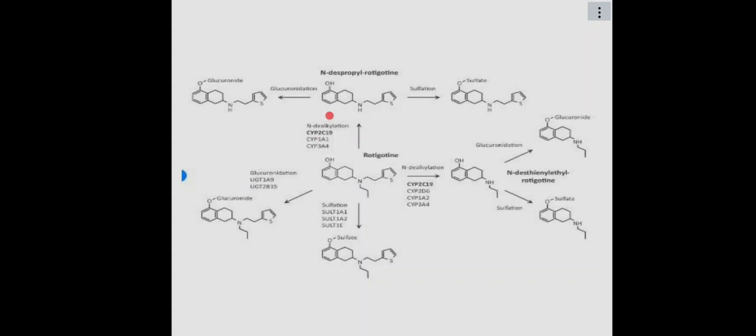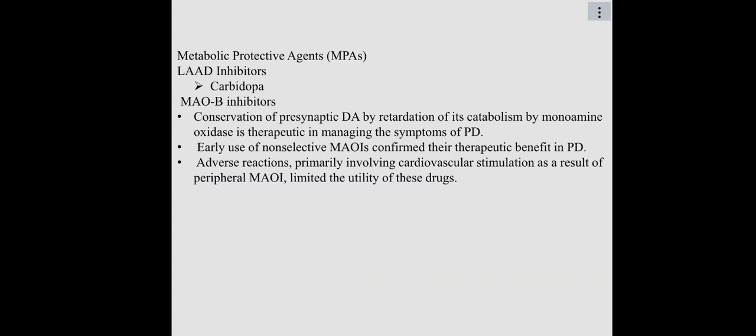Even if you look at this, as we said, even for the other one, you can see that is the ring, and then you can see the phenylethylamine structure, as found in dopamine, is also found in this drug. We also found it was also there in apomorphine. And that structural resemblance, as we have said several times, is necessary to allow that drug to be able to interact with the receptor which dopamine does interact with. So structural resemblance is usually necessary for these drugs to bind onto the same receptor.